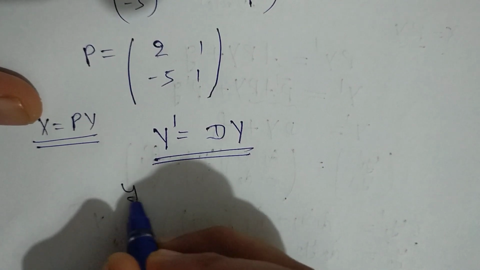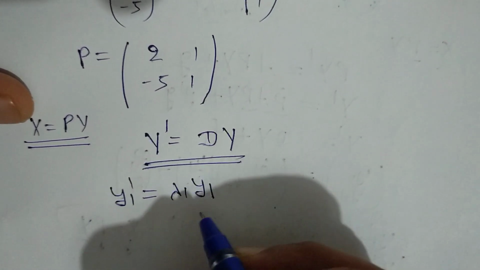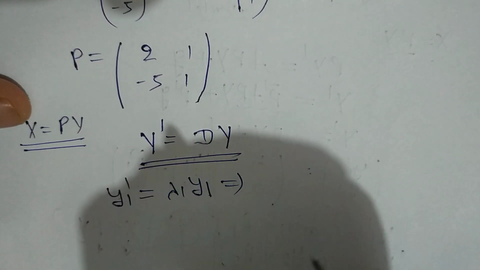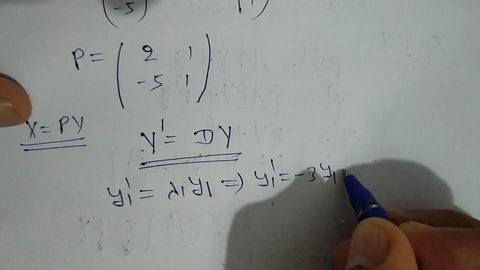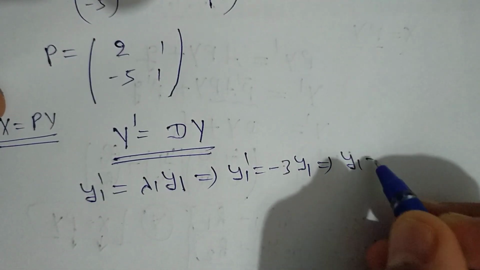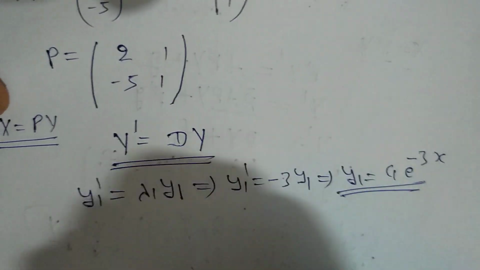The first equation is y1 dash equal to lambda 1 y1, where lambda 1 equal to -3. So y1 dash equal to -3 y1, which implies y1 equal to c1 e power -3x.